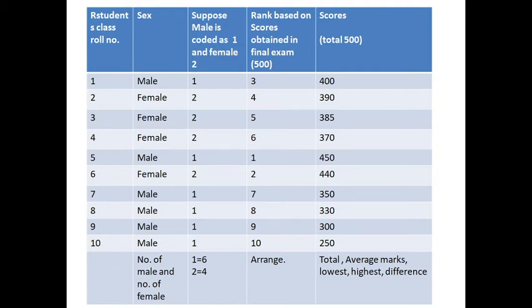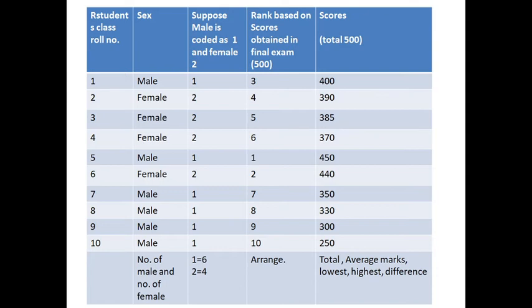Now somebody may obtain only, say, 1 mark out of 500. Somebody may obtain, say, 100 marks out of 500. So their difference can be found out. Now see, who secured rank 1 and who secured rank 2, what is the difference in the scores obtained by them? There is a 10 marks difference. Again, what is the difference between rank 1 and rank 3?